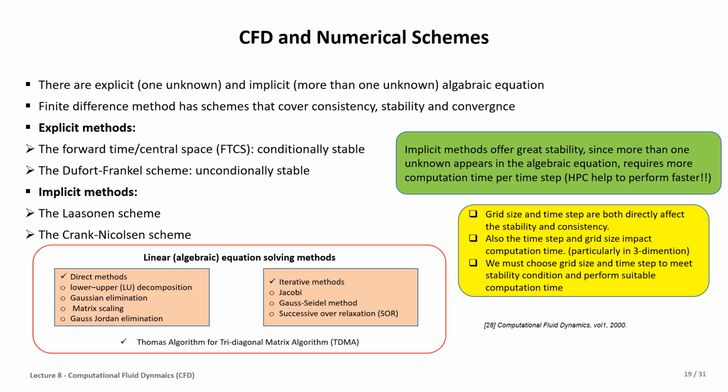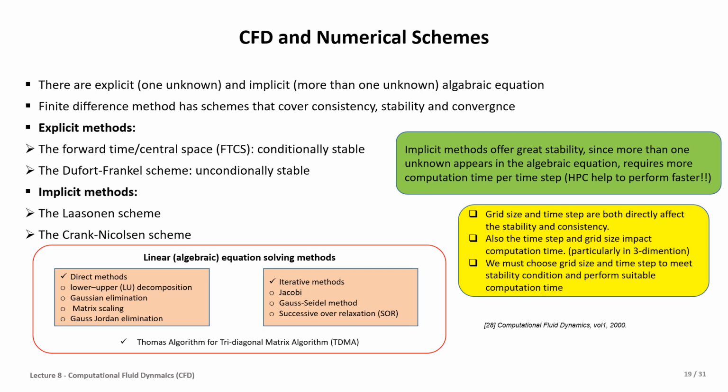As we mentioned in the finite difference, we need to have the consistency, stability, and convergence. There are different known methods, for example, in the finite difference method, that lead to explicit or implicit methods. In the explicit one, for example, we have the forward time central space, which is conditionally stable. But we have the DuFort-Frankel scheme, which is unconditionally stable. About the implicit methods, the Laasonen scheme and Crank-Nicolson scheme are implicit methods.